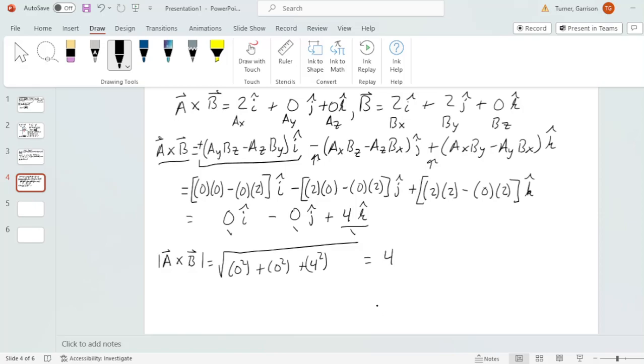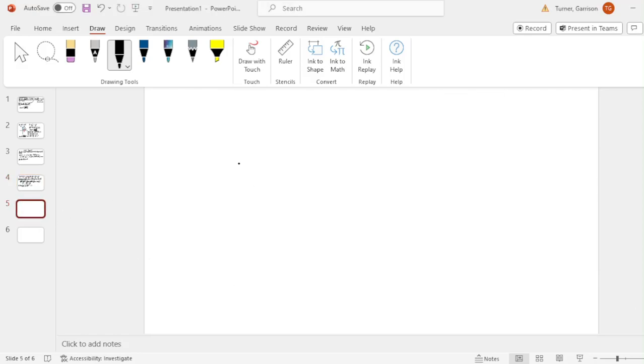And so now we can use the alternate definition of the cross product here to solve for the angle, right? So we have magnitude of A cross B equals magnitude A, magnitude B, sine of theta, right? And we've already calculated magnitude A and magnitude B from the previous example.